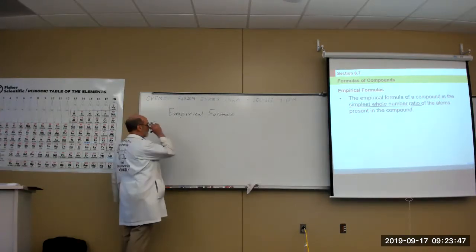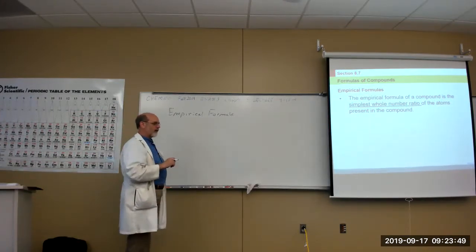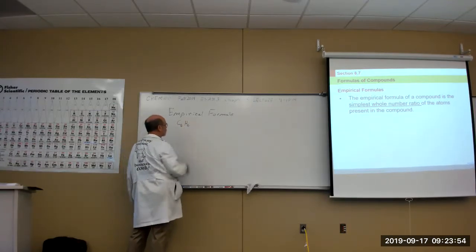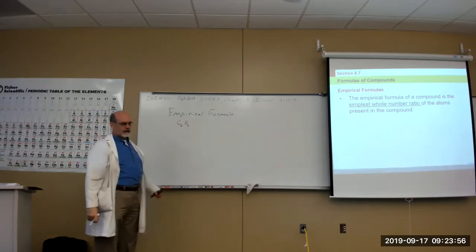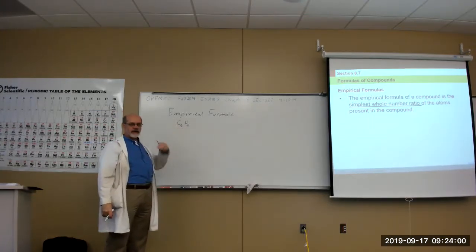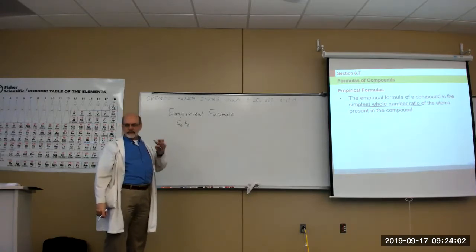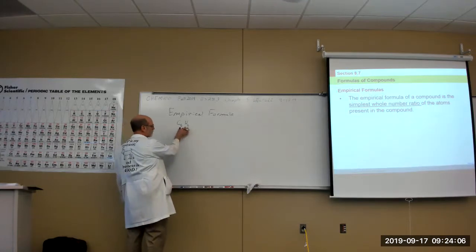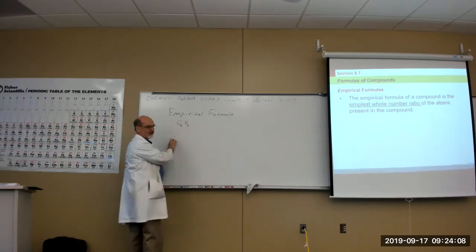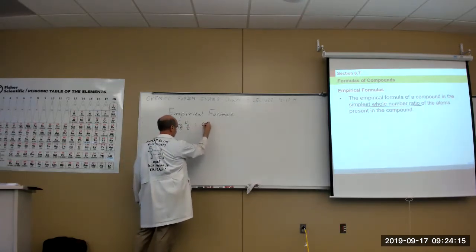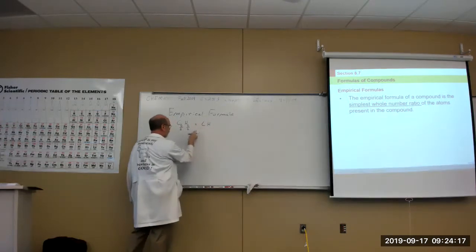So what do I mean by that? Well, suppose we know that the compound is 6 carbons and 6 hydrogens. If you can divide these through by the same number and reduce that number, then you can generate an empirical formula. So the largest common divisor for this one is 6. We can divide 6 into both of them. That's the empirical formula for this compound.